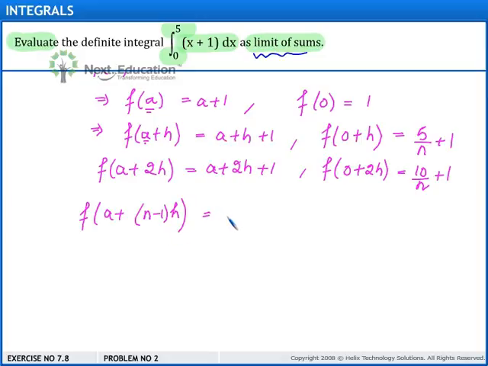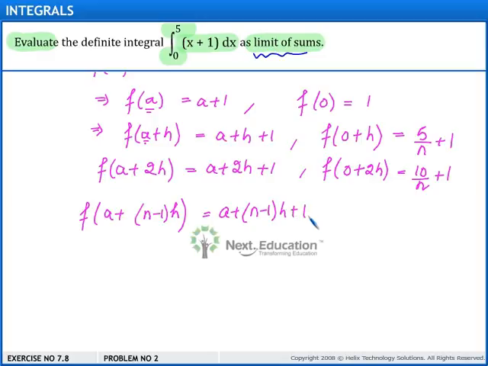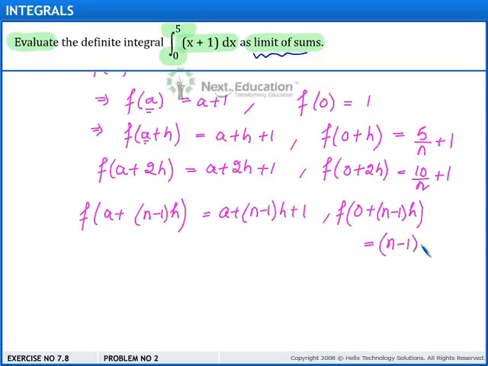This is given by a plus (n minus 1) into h plus 1. So this implies f(0 plus (n minus 1) into h) is equal to (n minus 1) into h, which is (n minus 1) into 5 upon n, plus 1.